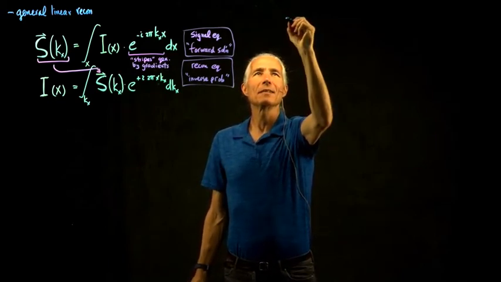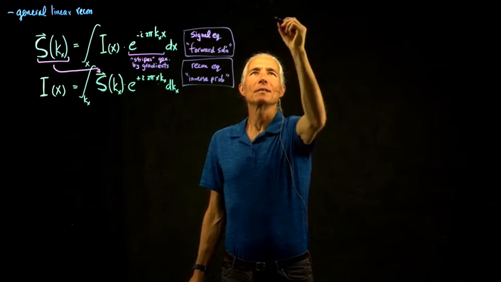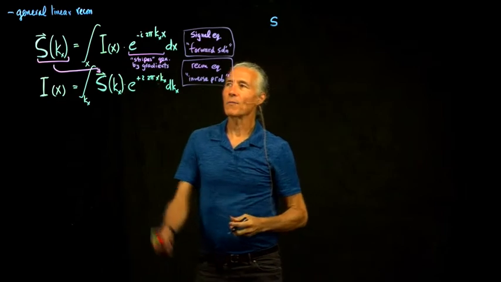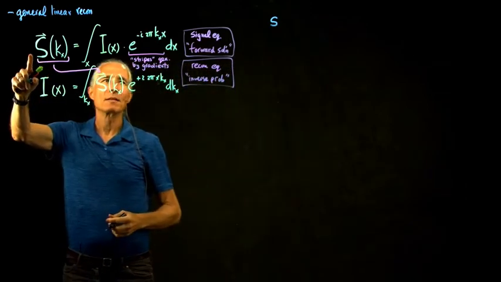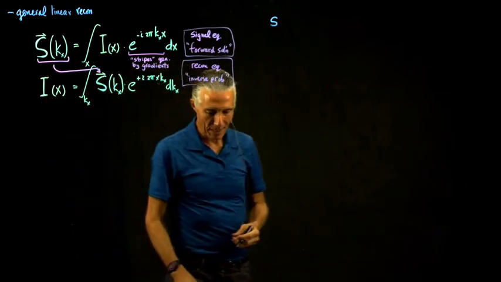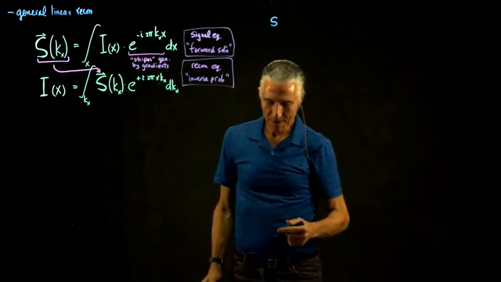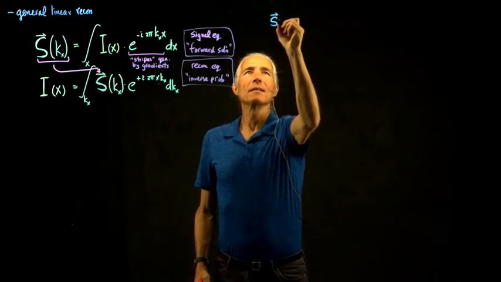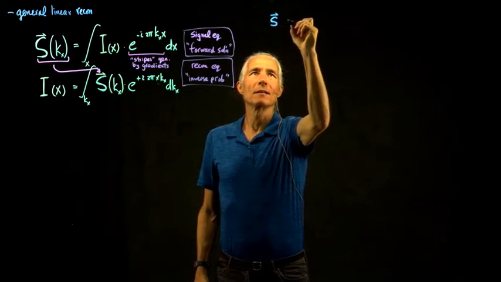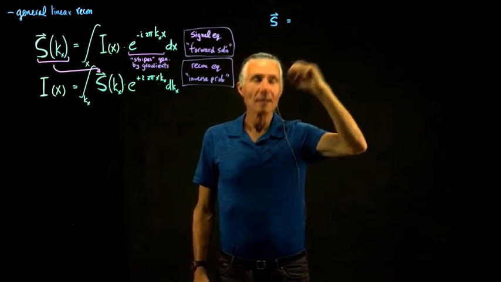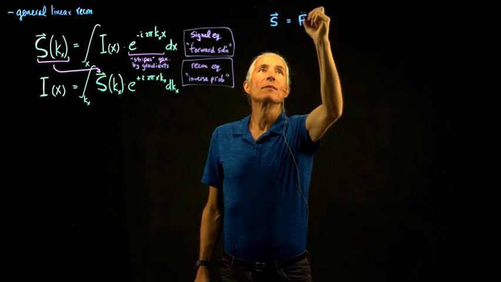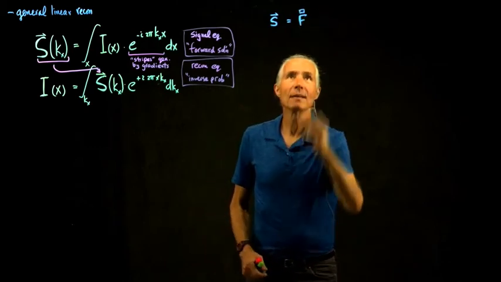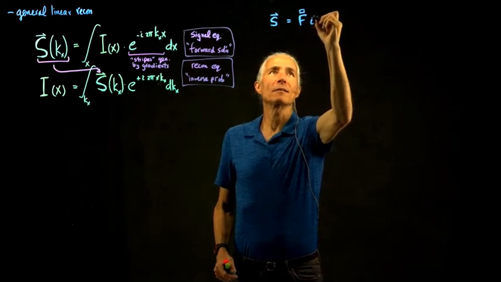They would just say we've got a signal. How would we write out the forward solution? We would write it as a signal vector equals a matrix of Fourier coefficients times the image vector.